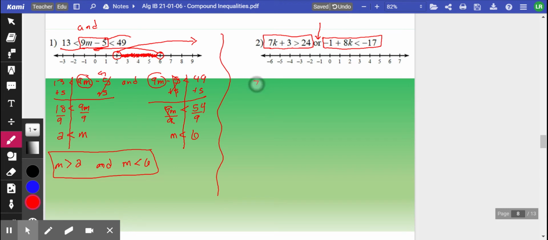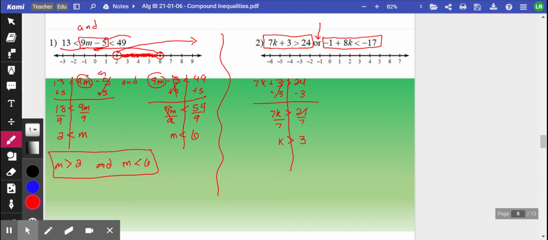The first one, the 7k plus 3 is greater than 24. So minus 3 on both sides. I get 7k is greater than 21. Finish him. Divide by 7, and k is greater than 3.